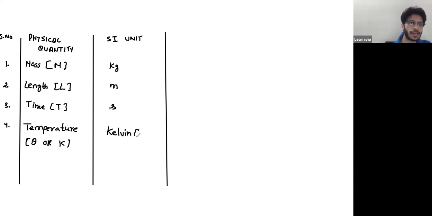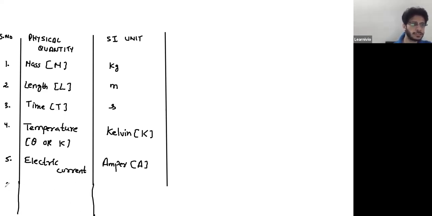We represent Kelvin by a capital K. So this notation K comes from Kelvin only. After temperature, the next quantity is electric current. We can measure electric current in ampere, capital A.